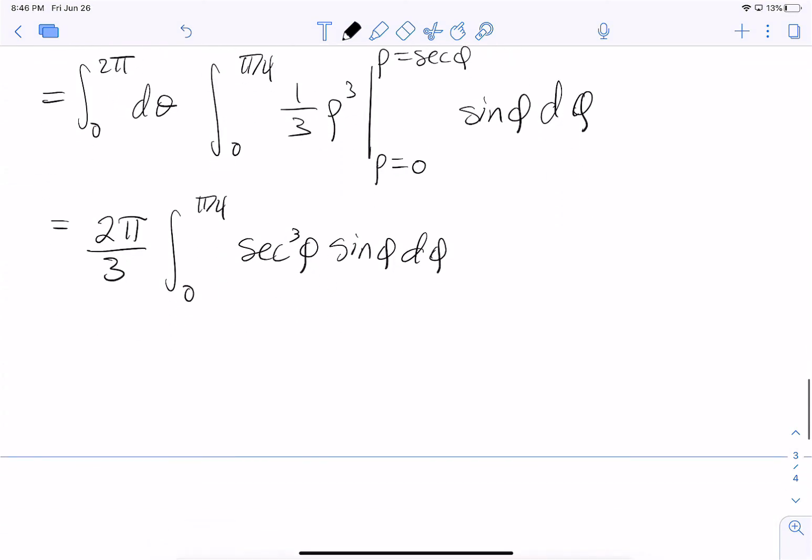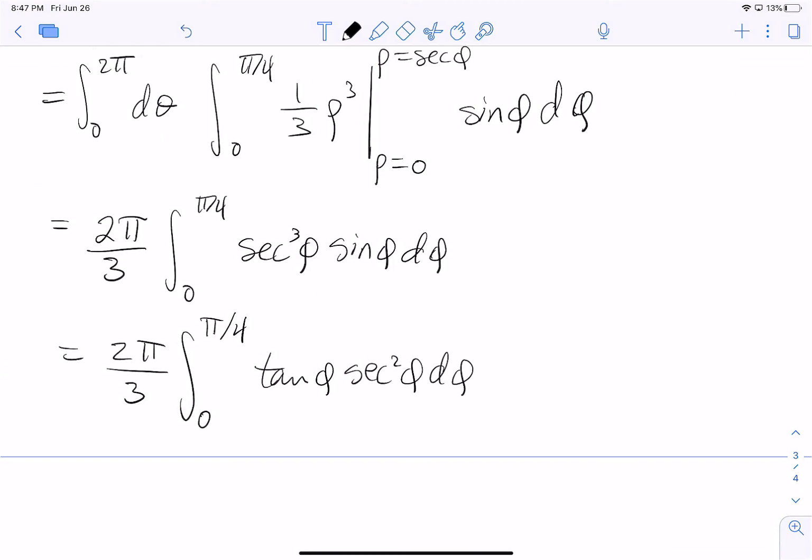But the secant cubed of phi means that there's a factor of cosine in a denominator. There are 3 of them. But if I combine a factor of cosine in a denominator with a sine in its own numerator, then what we really have is the tangent of phi times the secant squared of phi d phi. Letting u equal the tangent of phi, du is the secant squared of phi d phi.